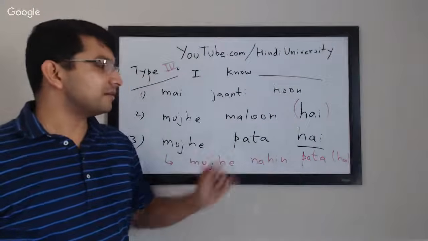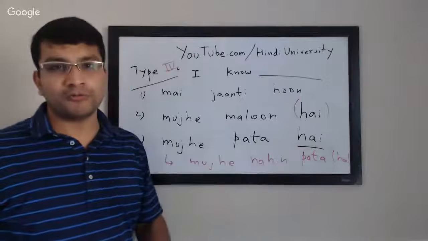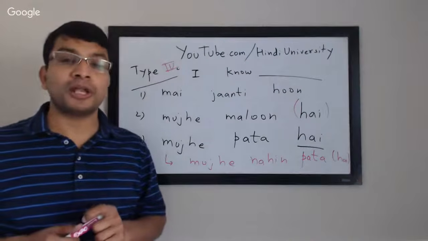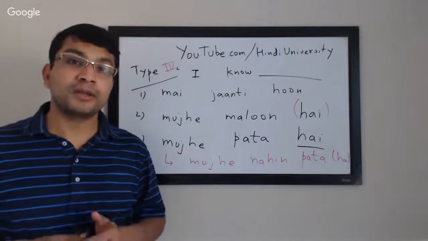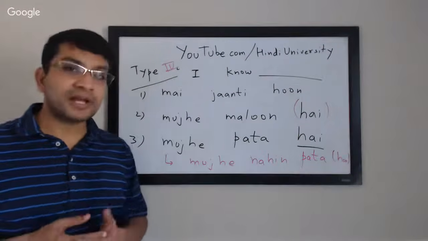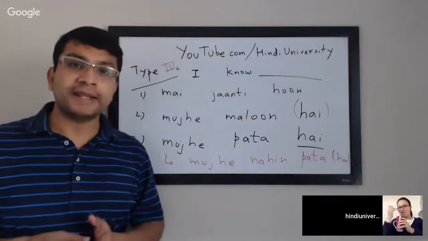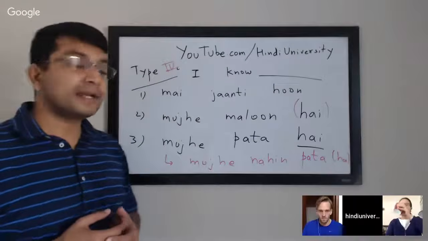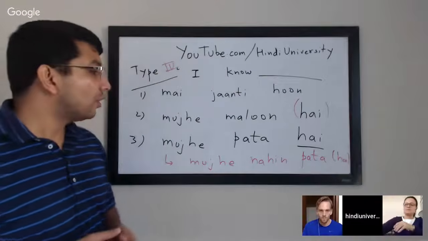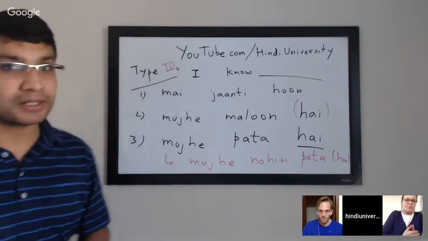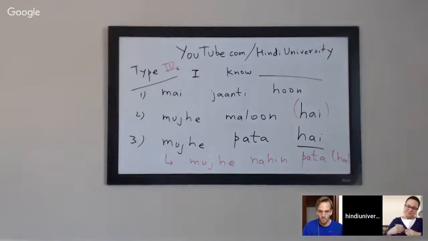You'll probably not see a lot of verb except the to be form of the verb. But just to clarify your doubt, if I know swimming, I will not say मुझे swimming पता है, though you can say it, but the right way of saying it is मुझे swimming आती है. Okay, और मुझे cricket आता है. Okay, और मुझे skiing आती है. I know skiing. So that's how you'll say it. I hope that clarifies it.